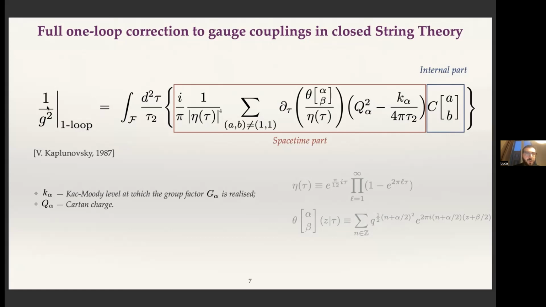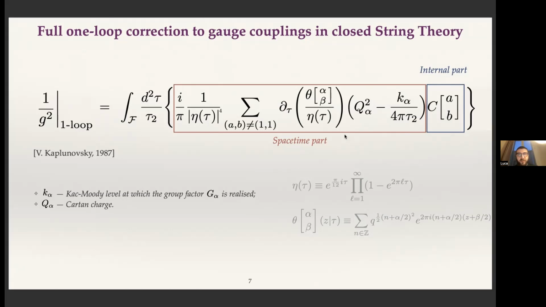The expression of the corrected one-loop gauge couplings is, of course, an integral on the fundamental domain of an expression which contains a bunch of modular functions, the Dedekind eta and Jacobi theta. In particular, we can see how this expression splits in two parts: the spacetime part, which is related to the four-dimensional theory, and then the internal part, which I parameterize with C, A, B, and depends on the compactification we may choose.